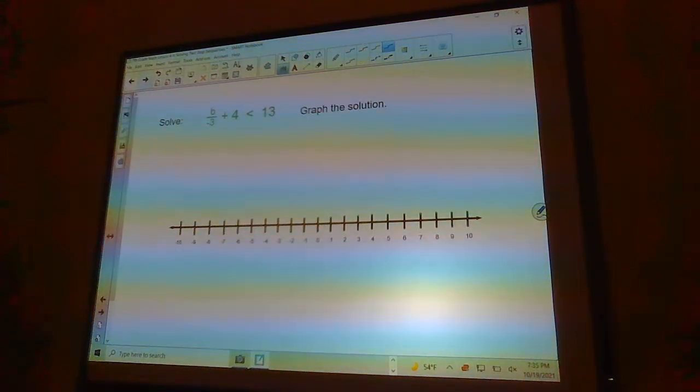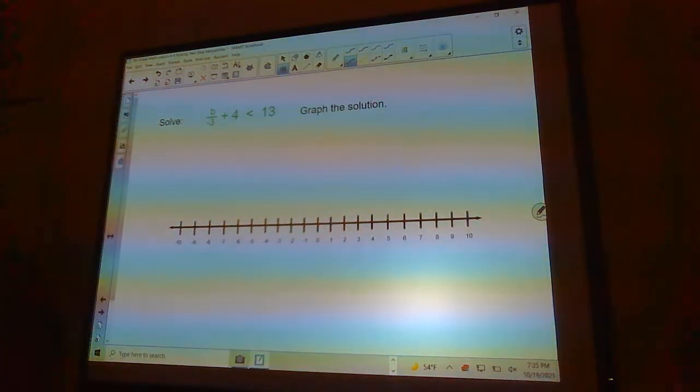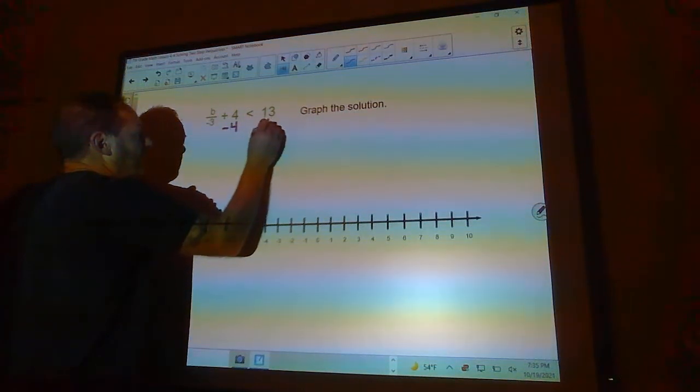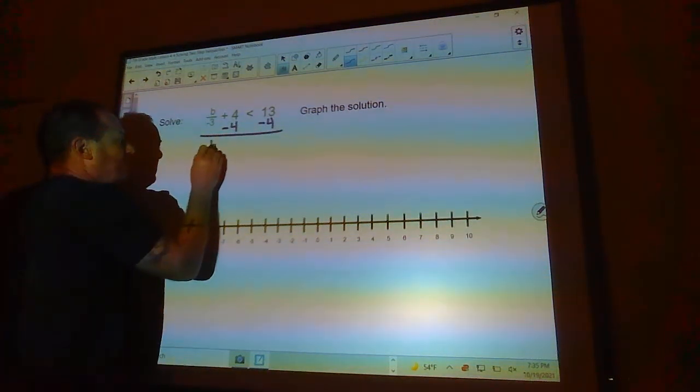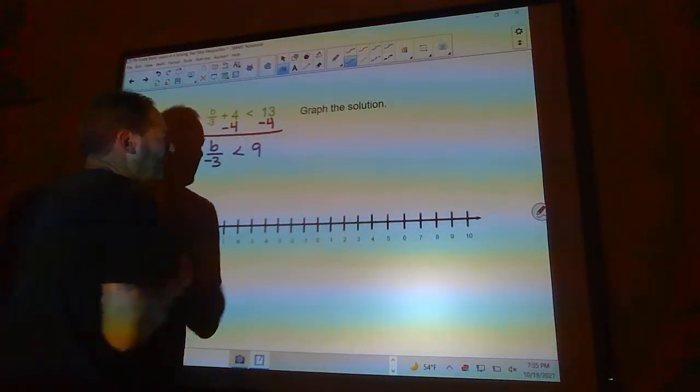All right, solve b divided by negative 3 plus 4 is less than 13. Okay, this is exciting stuff right here. The first thing I would do is subtract 4 from both sides. So I get b divided by negative 3 is less than 9.